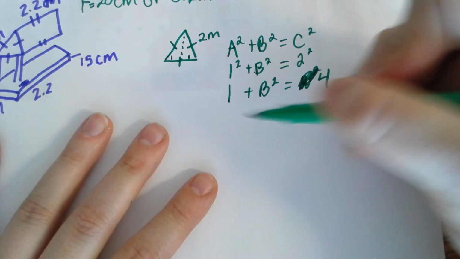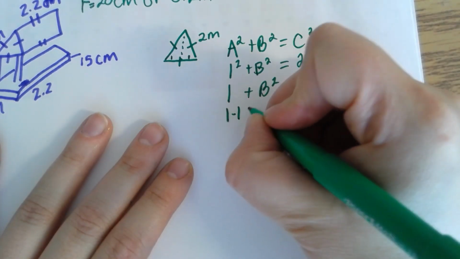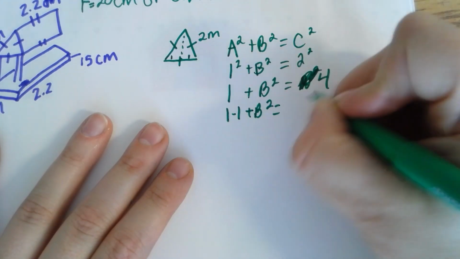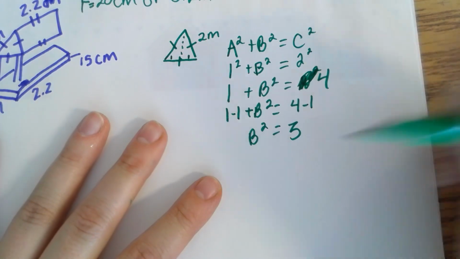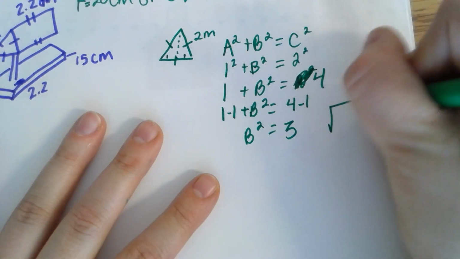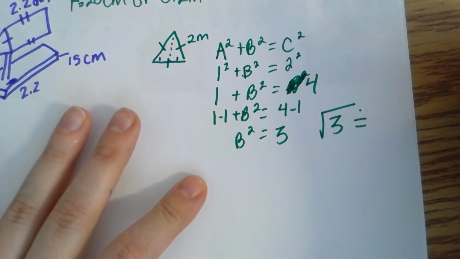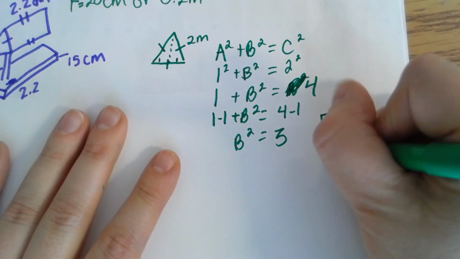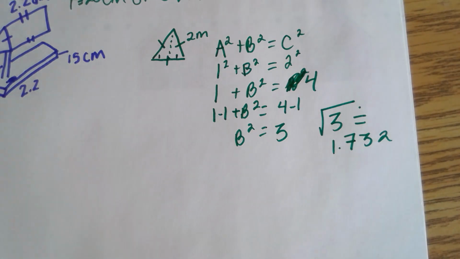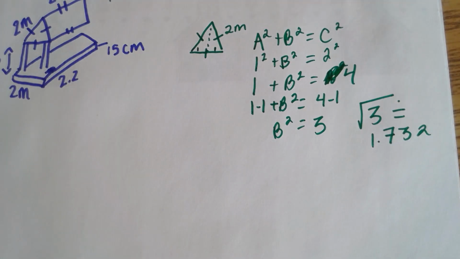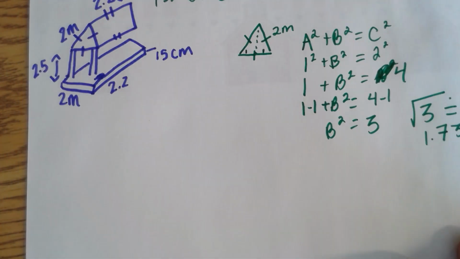So I need to isolate the b variable, so I'm going to subtract 1 from both sides. So b squared is equal to 3. So at this point I need to do the square root of 3, which is approximately 1.732.